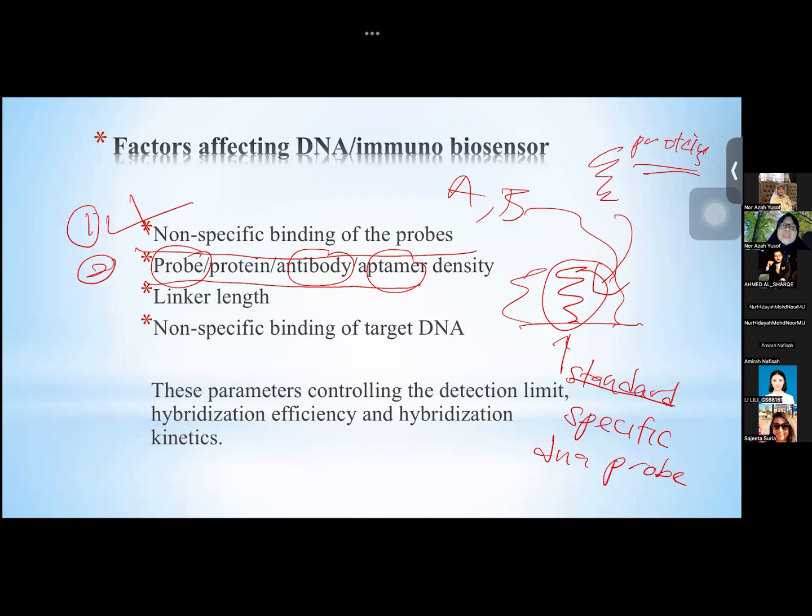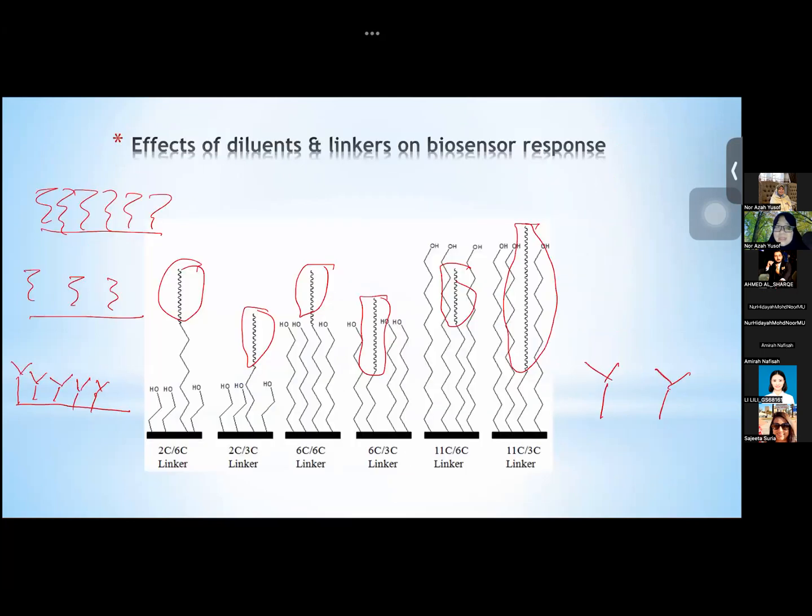Because one thing about when we talk about protein, those all have amine and carboxyl functional groups. And as I mentioned, they have charges, positive charge, negative charge. So they might interact with each other, and we do not want them to be in that situation. We want them to be very nicely separated, okay?